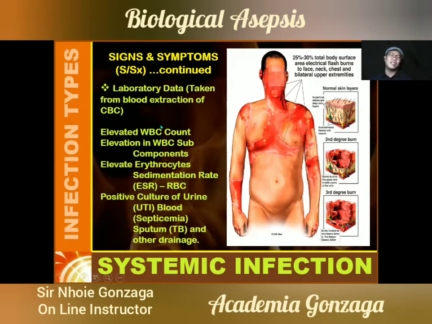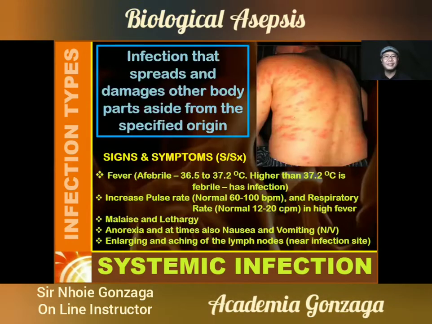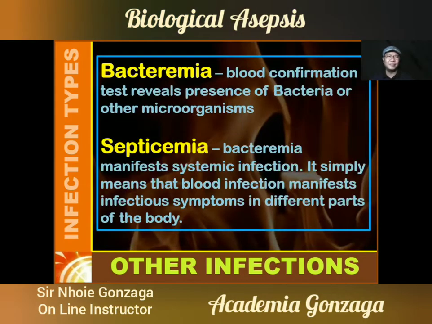So these are already technical terms you have to learn later on. Now, systemic infection, okay, is an infection that spreads and damages other parts aside from the specified region. Okay, we have tackled this already earlier.